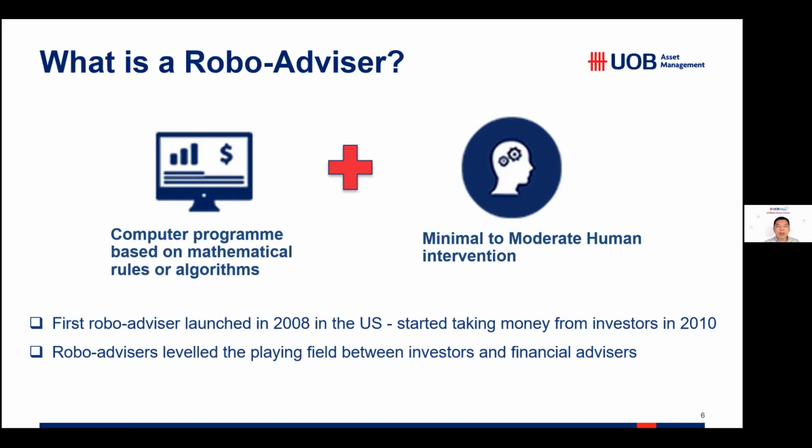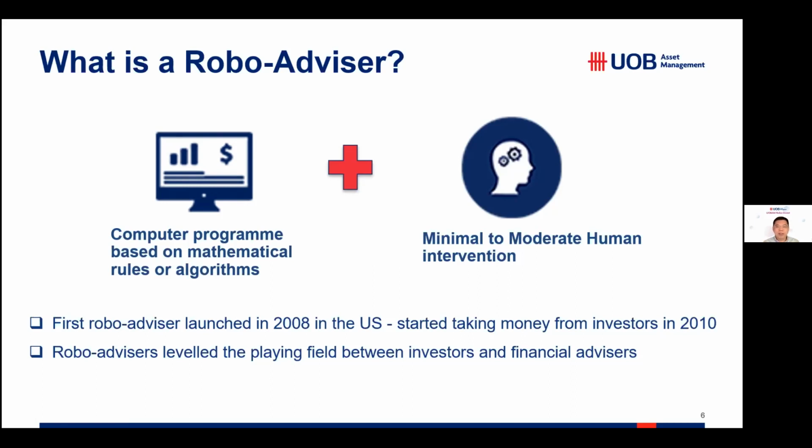One is, of course, your risk appetite, your risk tolerance, and secondly is your investment horizon. So that's usually the algorithm that basically designs a portfolio for you with minimum human intervention in the portfolio, right?